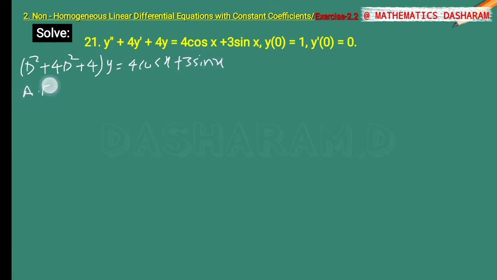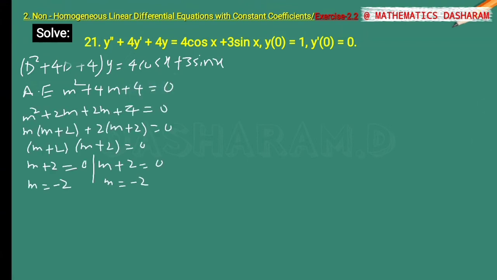Now the auxiliary equation is m square plus 4m plus 4 equals 0. Now do factorization. So the roots are real and equal. Then the complementary function is (c1 plus c2 into x) e to the power of minus 2x.